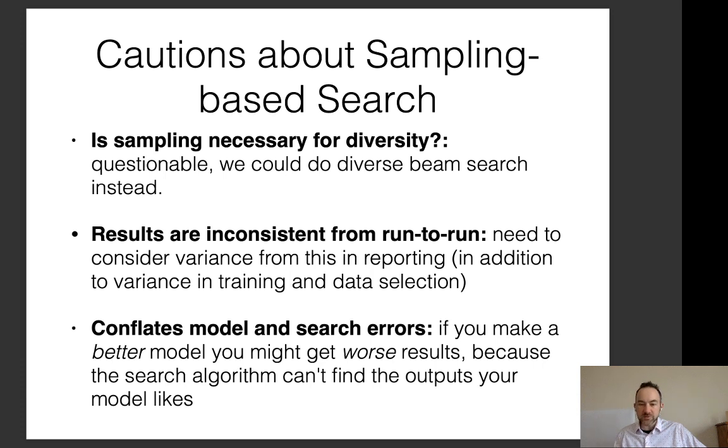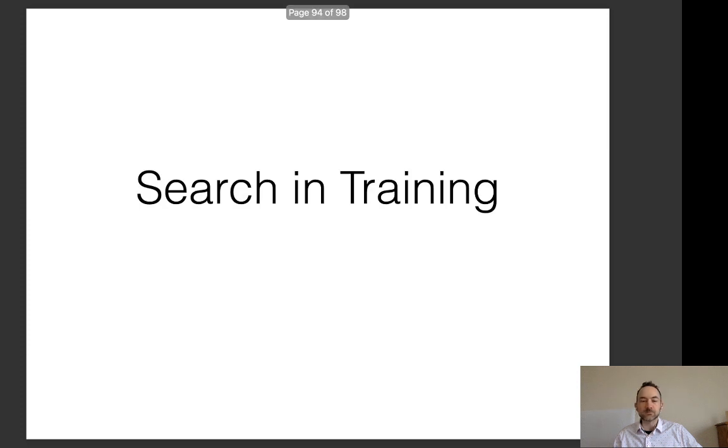So beam search, when done appropriately, usually finds outputs that have higher model score. But you might not be able to find these when you create a better training algorithm.